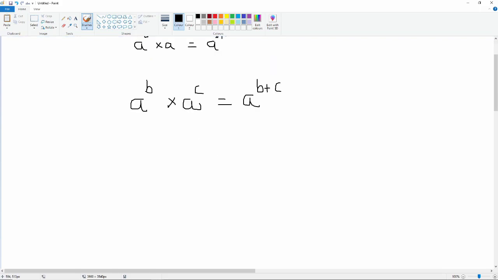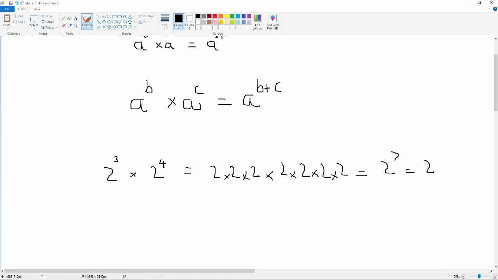And if you just want to get some idea of how that works, let's say 2 cubed multiplied by 2 to the power 4 is equal to 2 times 2 times 2, that's 3, times 4 lots of 2, 2 times 2 times 2 times 2, which is 4, which is equal to 1, 2, 3, 4, 5, 6, 7, which is 2 to the power 7, which is the same as 2 to the power 3 plus 4.